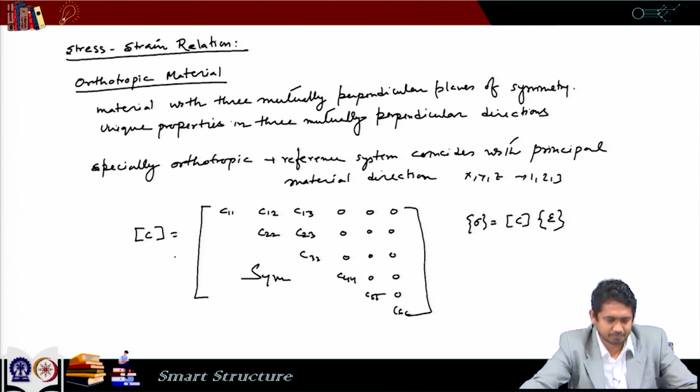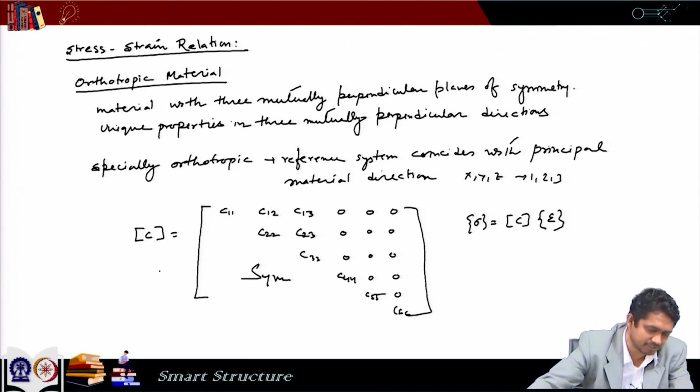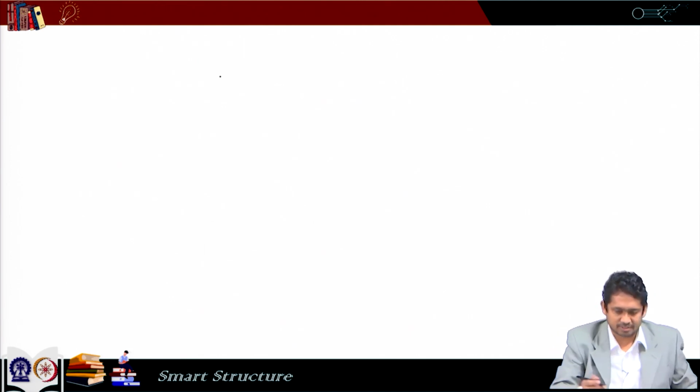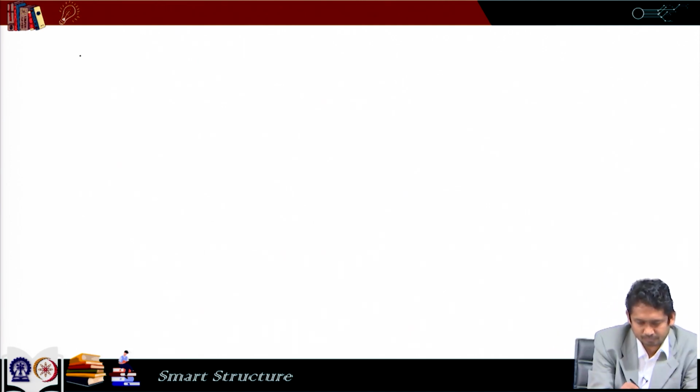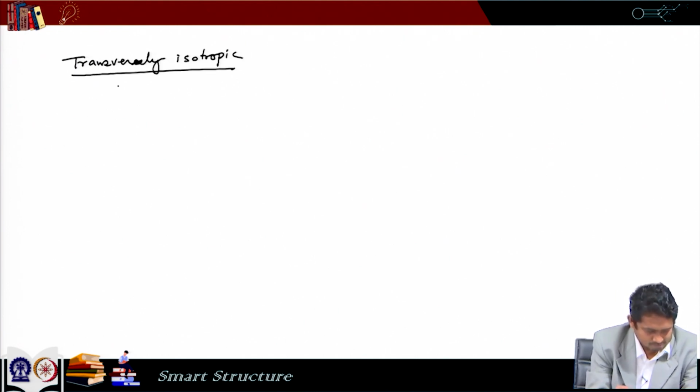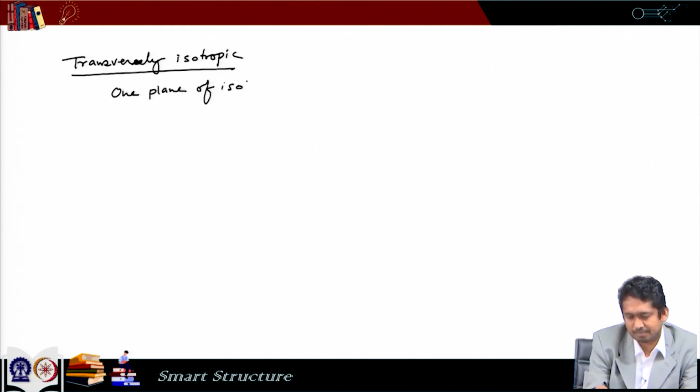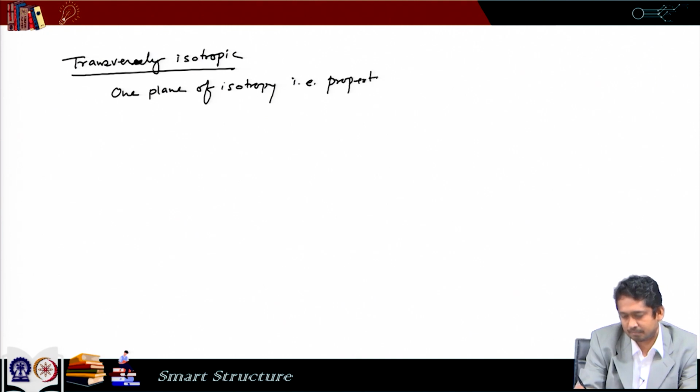And then comes another material which is transversely isotropic. So, it has one plane of isotropy, which means properties are same in one direction or in one plane.